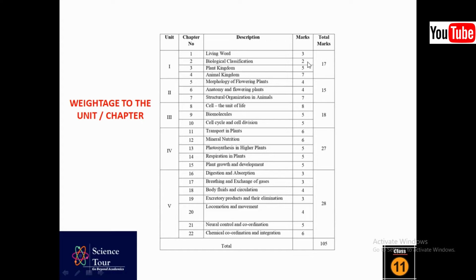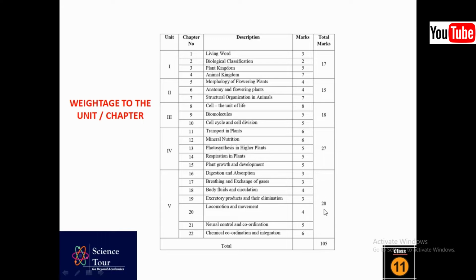Second unit, 15 marks. Third unit, 18 marks. And the highest weightage is of unit 4 and unit 5. Unit 4, 27 marks, and unit 5, 28 marks. So total is 105 marks with the choice.